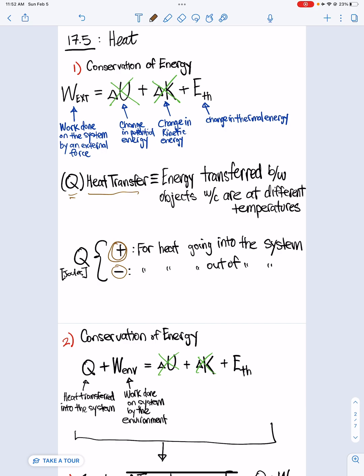And for the liquid water, it gives off its heat to the ice, so heat is going out of the system, meaning out of the liquid water and into the ice. So for the liquid water, it experiences a negative heat transfer. And the unit for heat transfer is joules.